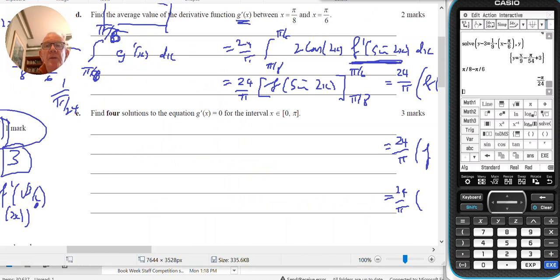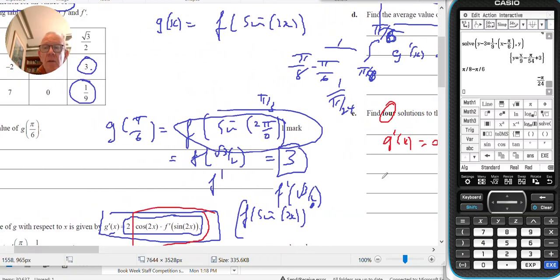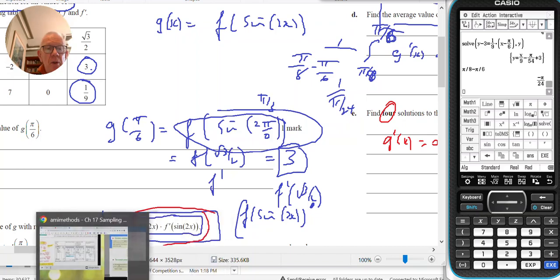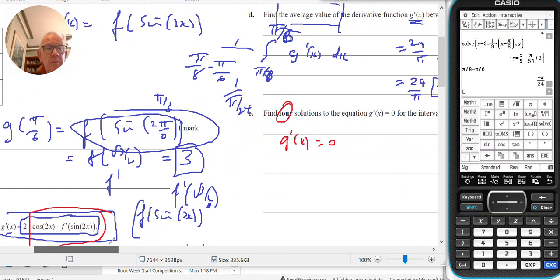And lucky last question, we are looking for the 4 solutions to g dash of x equaling 0 in that interval. And g dash of x is equal to this. So I've got 2 cos of 2x times f dash of sine of 2x equals 0.